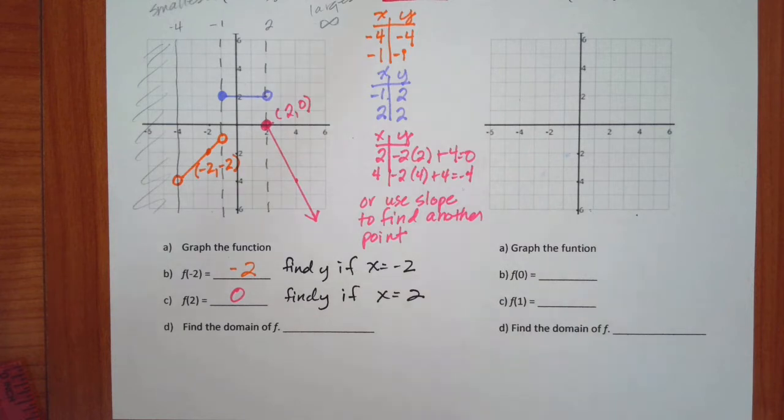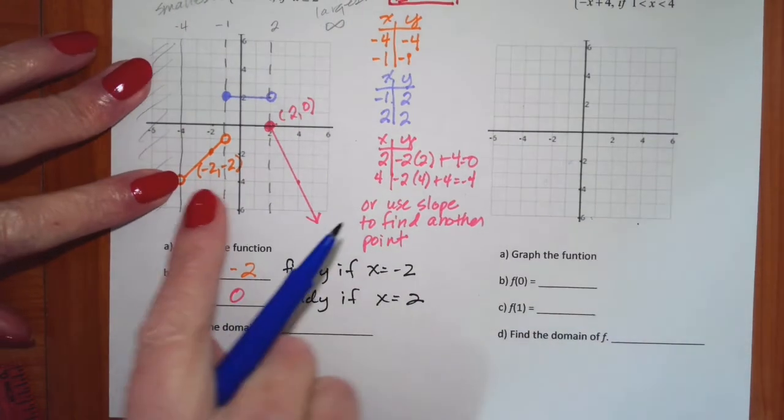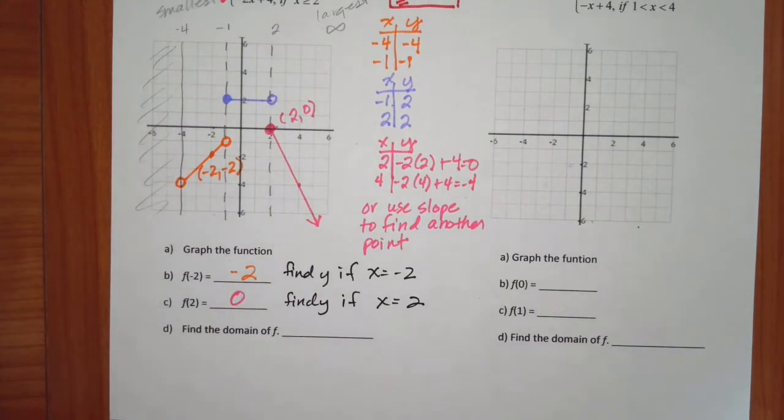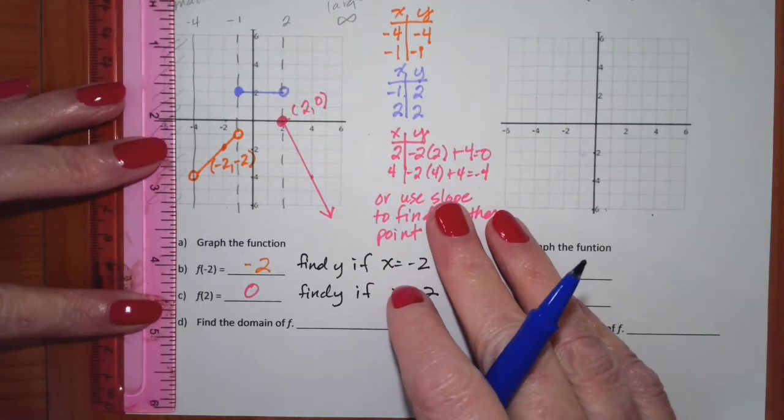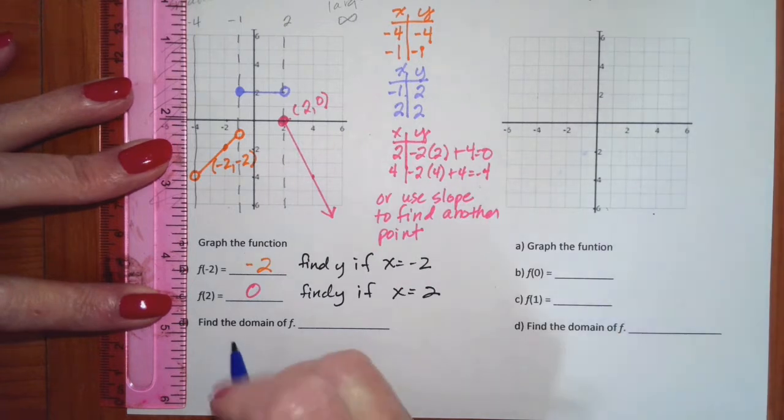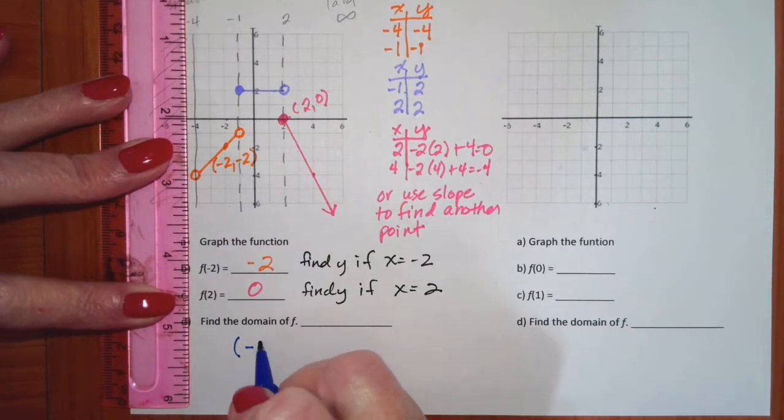Now, if I want to find the domain, it is all the values on which the function is defined. So this is where my interval notation is going to help. If I were to take a ruler and drag it across, it starts at negative 4. So I know my smallest value is negative 4.